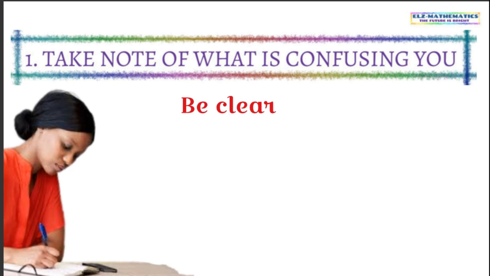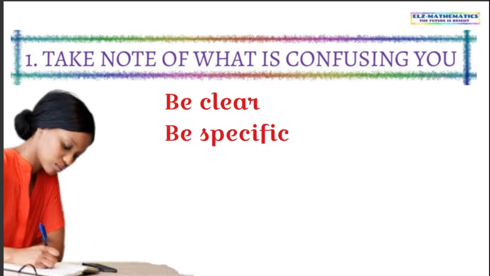Here, I would even encourage you to use the language you are familiar with. Don't trouble yourself to use any official language if you are not conversant with it. You can use any language just for you to be clear of what is confusing you.